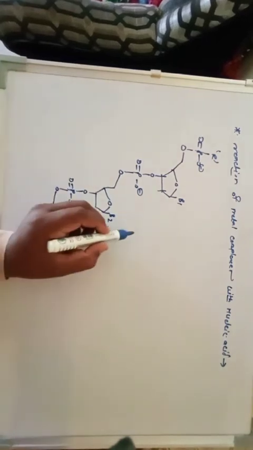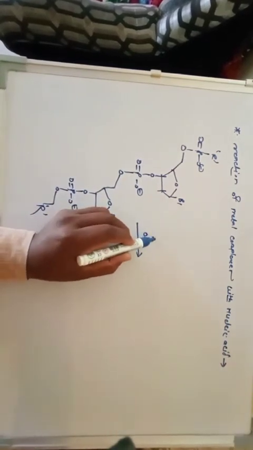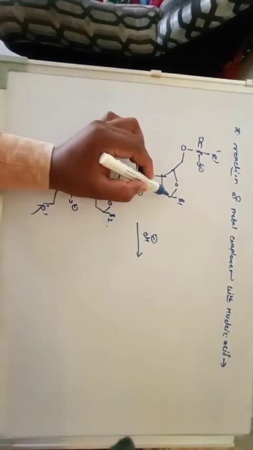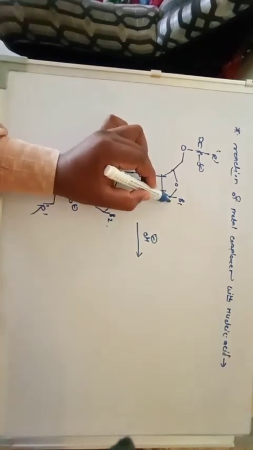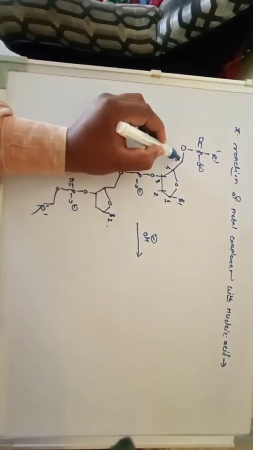So this DNA fragment will interact with your hydroxyl radical. When these hydroxyl radicals interact with this DNA fragment, they will abstract the hydrogen from C1, C4 and C5 positions. So we already know this is your carbon number 1, 2, 3, 4 and 5.